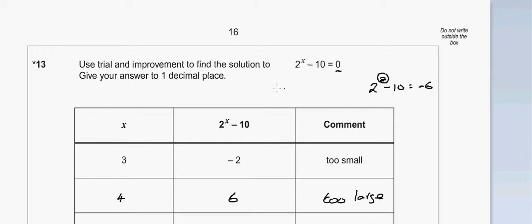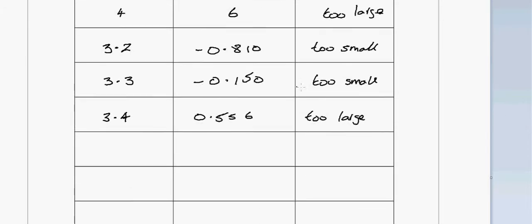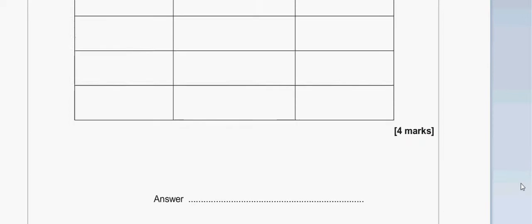Give your answer to 1 decimal place. So they only want 1 decimal place. We could try 3.35, say, but that's not giving it to 1 decimal place. So I can see here that 3.3 is closer. So I would say that X equals 3.3.